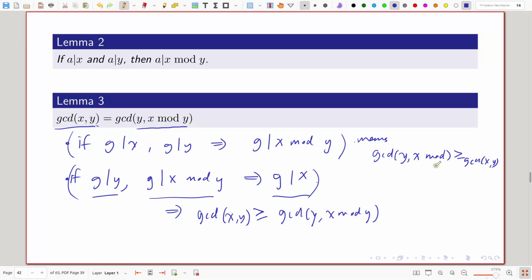So if you have both statements, then it implies that the two numbers are equal. I'm going to go really quickly here, but the proof of this we already did.